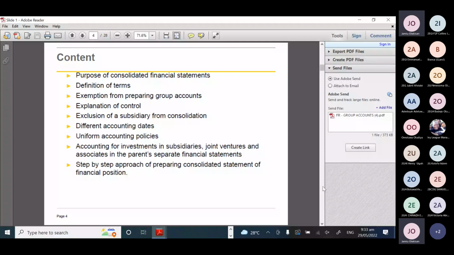Then, thereafter, we looked at associates, how to account for associates in the consolidated statement of financial position, and how to account for associates in the consolidated statement of profit or loss.